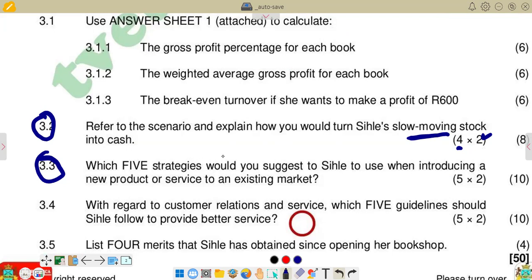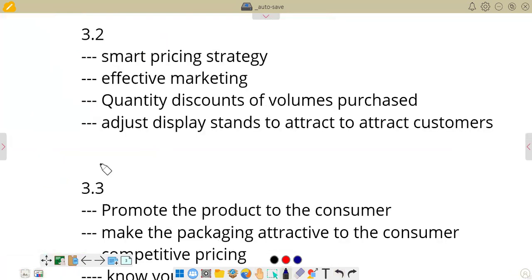So the question is asking us to raise any points that will make the situation of slow moving stock better. If you go to our answer section, you'll see the points raised there according to 3.2. The first point that we can use to improve the position of slow moving stock is that we might employ a smart pricing strategy.